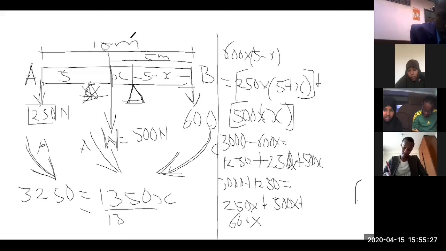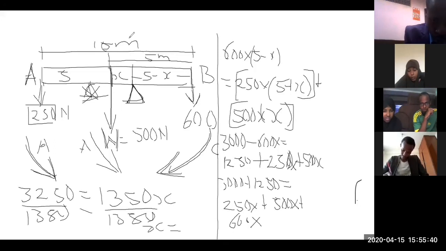Divide by 1,350 on both sides, and you get x as 2.4. There are some decimals, so if I just round it off, it gives me 2.4.